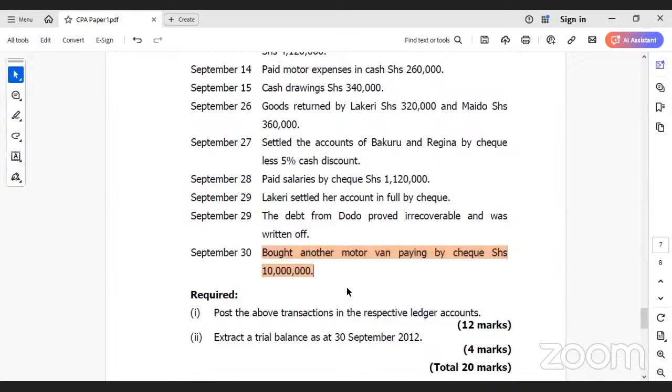I'm supposed to debit the motor van account, but I debit the expenses account and then credit my bank. So instead of debiting motor van, I'm debiting the expenses account. The trial balance will still balance.